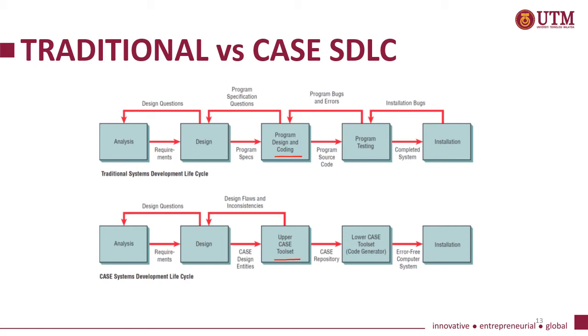If you can see, in the traditional system, in program testing and installations, you can still go back to the previous phase to fix installation bugs and program bugs and errors. But for CASE system development, it will go directly towards lower CASE toolsets, the code generator, and then you will have an error-free computer system for the installation process.